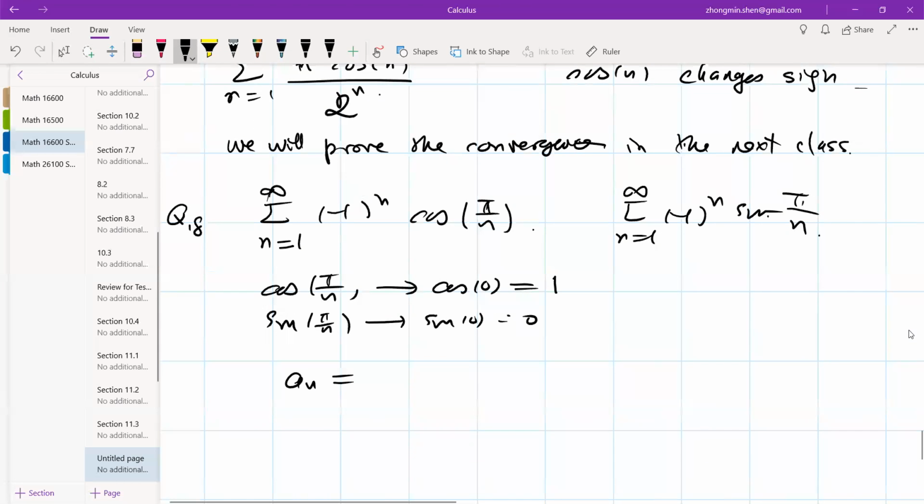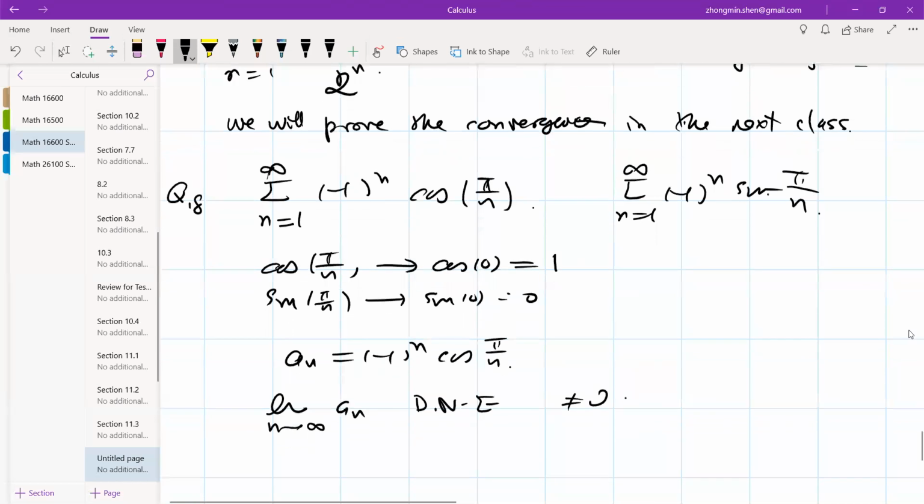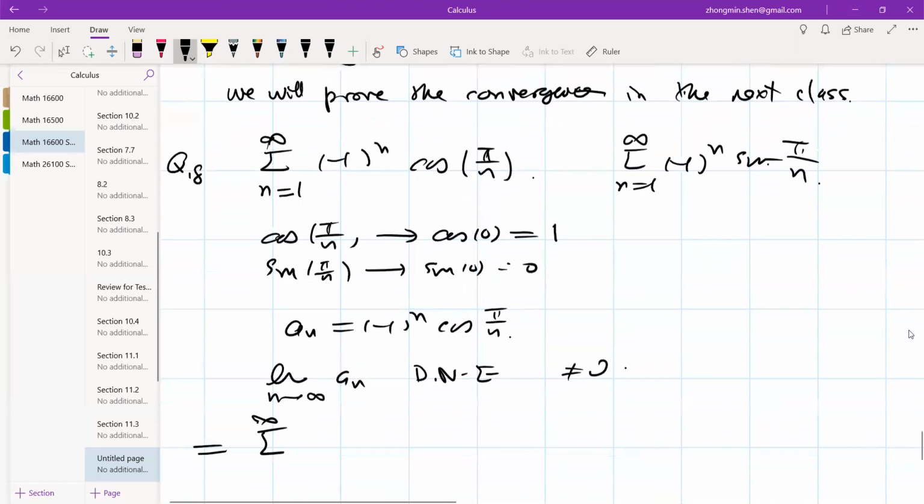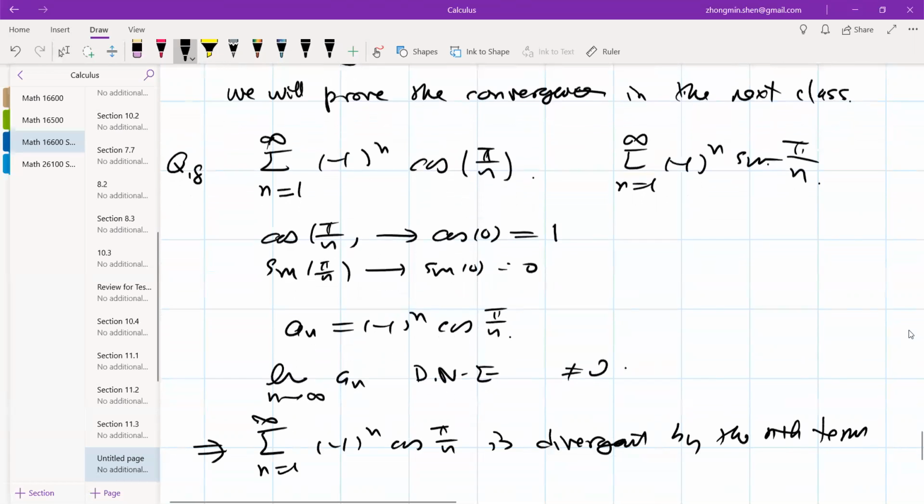So if a_n equals negative cosine pi over n, then the limit does not exist. Okay, it's not going to be 0 definitely. So that implies the series is divergent by the nth term test. But the other one is convergent.